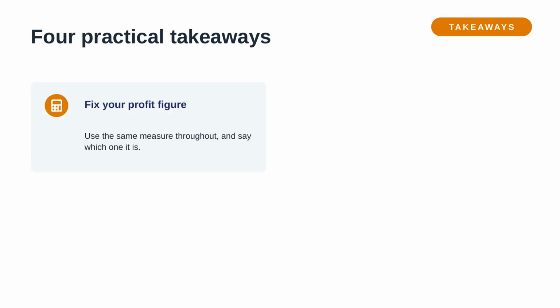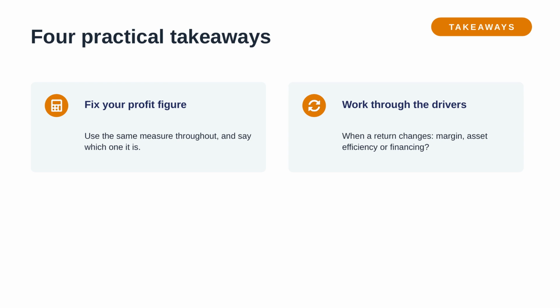Let's close with 4 points worth remembering. First, fix your profit measure before you start. Use the same one throughout the analysis and say which one it is. Second, when a return changes, work through the drivers in order. Was it the margin, asset efficiency, or financing? Each one leads to different actions.